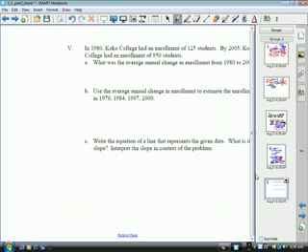We're at Cocoa College, and in 1980, it had an enrollment of 125. And then in 2005, its enrollment went up to 950.